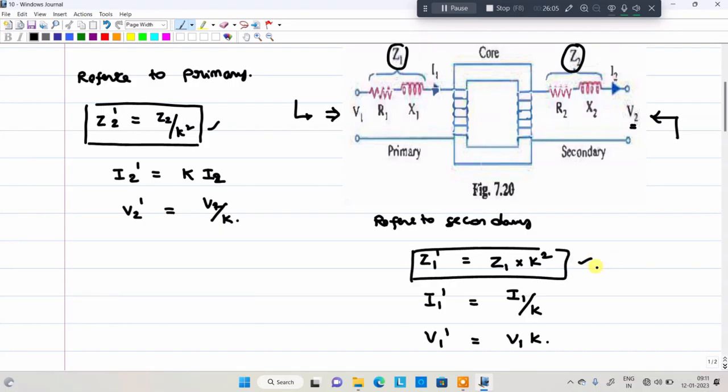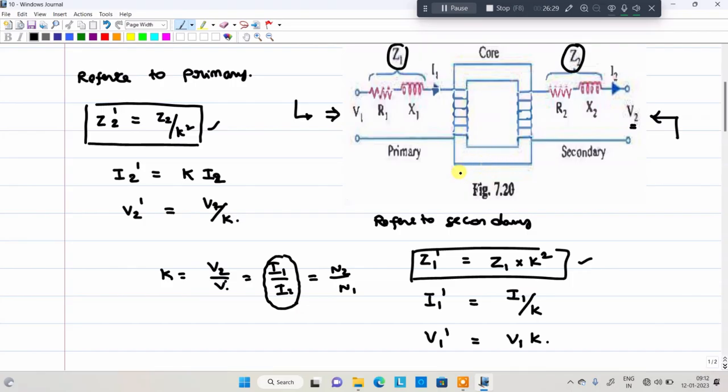Here K is nothing but the transformation ratio, just now explained: V2 by V1 is equal to I1 by I2 is equal to N2 by N1. Clearly you should remember, in case of current it is I1 by I2; the voltage and turns ratios are the same.